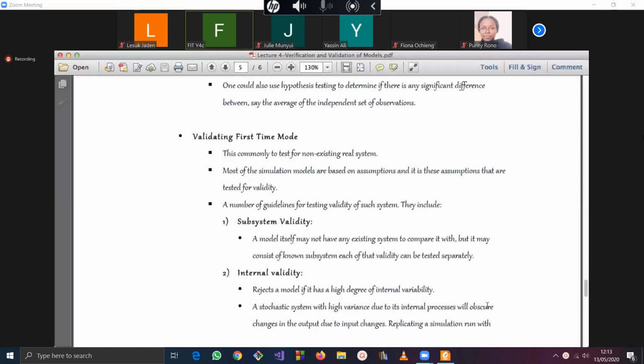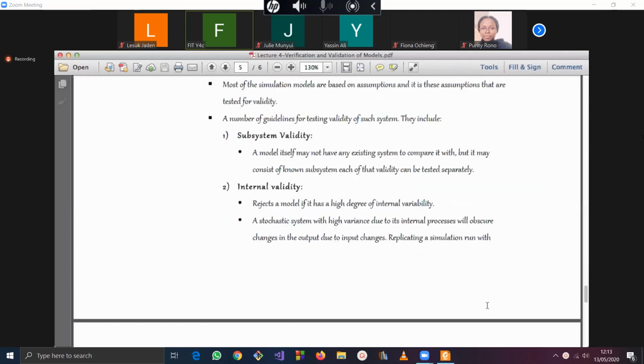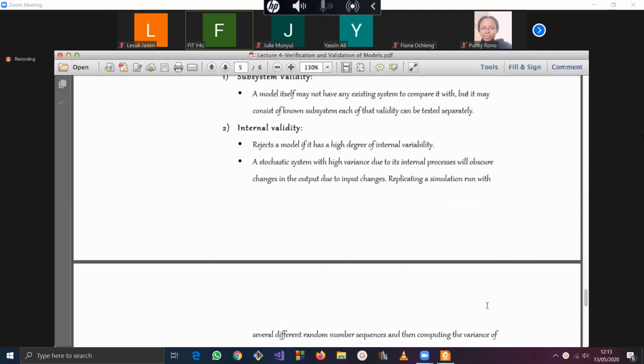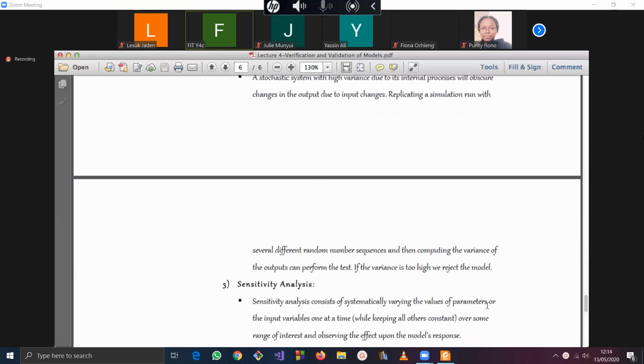Now, a stochastic system with high variance due to its internal process will obscure changes in the output, and therefore the replicating or run would be a problem. And so basically the explanation here is, you want a system or a model which builds a system, and that system should be able to give results which are near normal or near expectation.